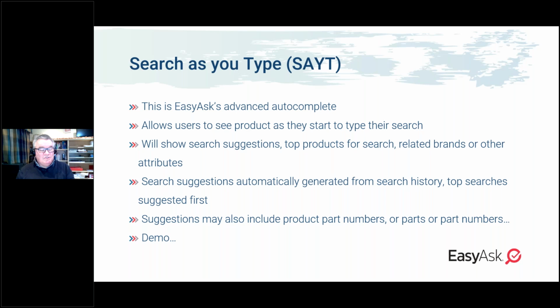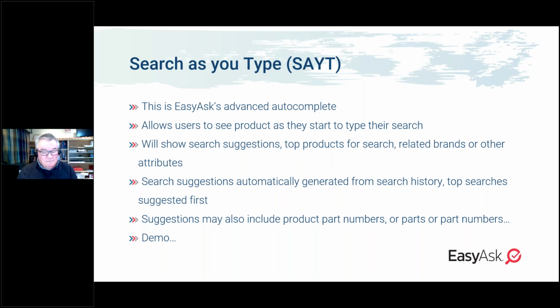These search suggestions are automatically generated from EasyAsk based typically on search history. And so top searches that are trending in your business will automatically bubble to the top of the suggestions. So the user is more likely to see the popular searches at the top of suggestions, obviously assuming those searches contain the characters that the user is typing.